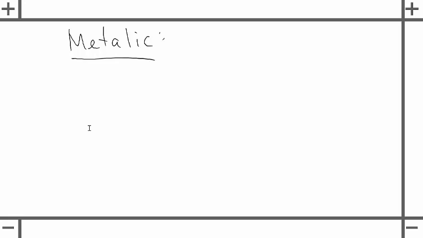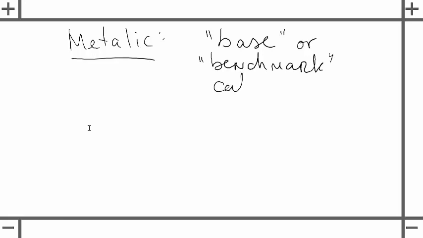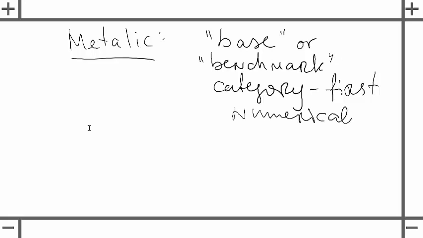So R and RStudio take the very first category, which comes either alphabetically or numerically, and make it into the base or reference or benchmark category, okay? And that is the first one that comes either numerically first, or alphabetically.